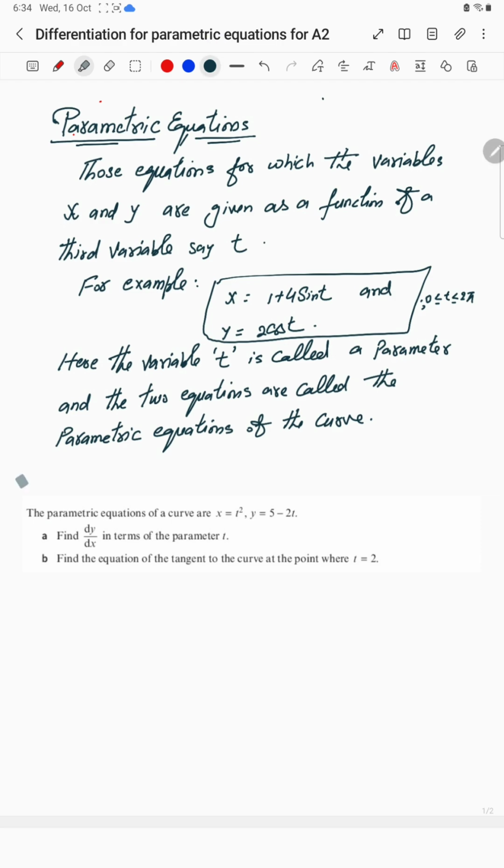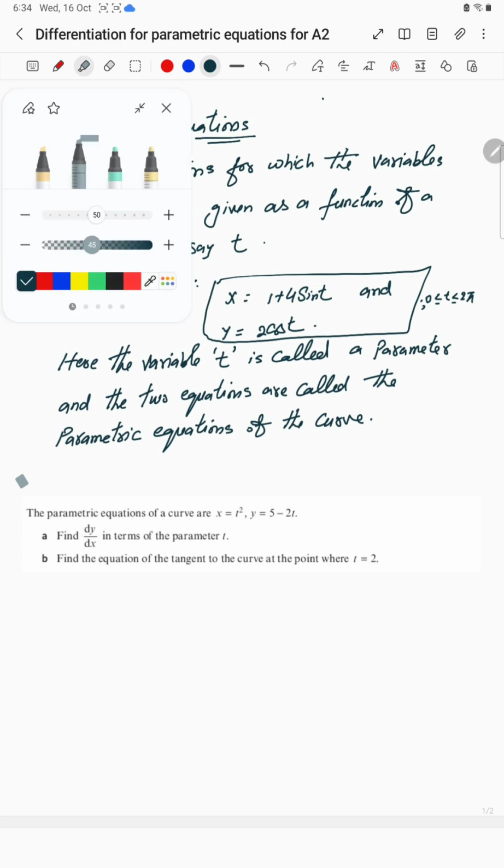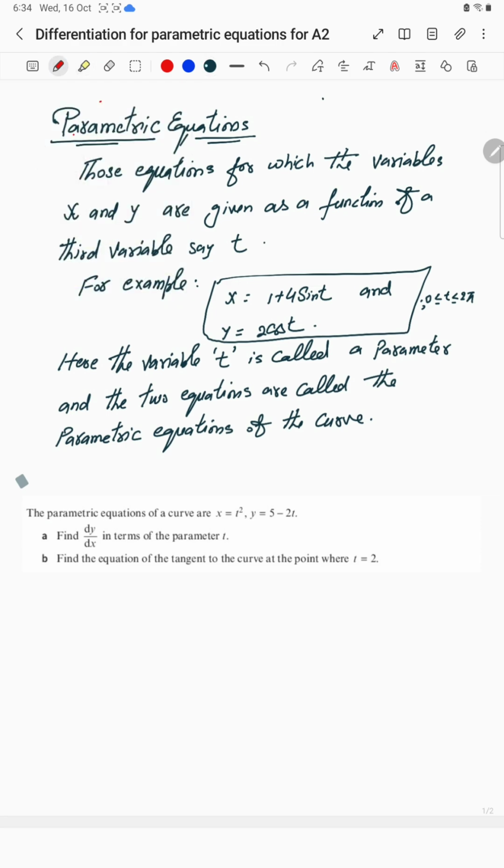That question is here, I'm going to write. Say here is a question. The parametric equations of a curve are x equal to t square, this is given, and y equal to 5 minus 2t, and we are supposed to find dy by dx in terms of the parametric equations.